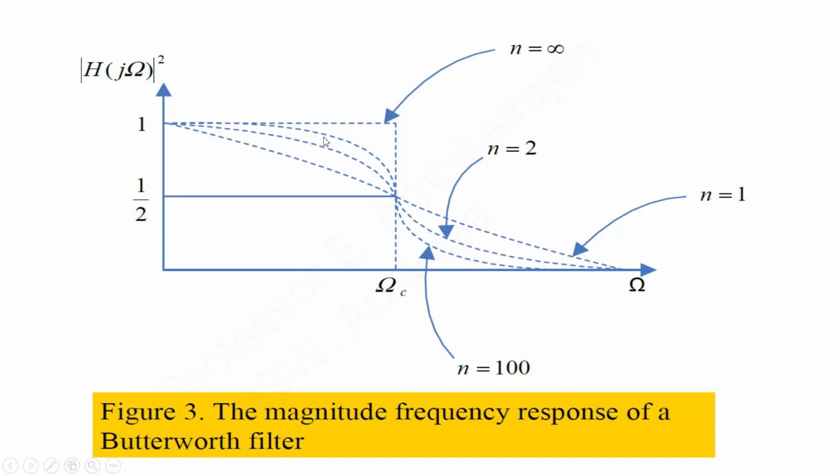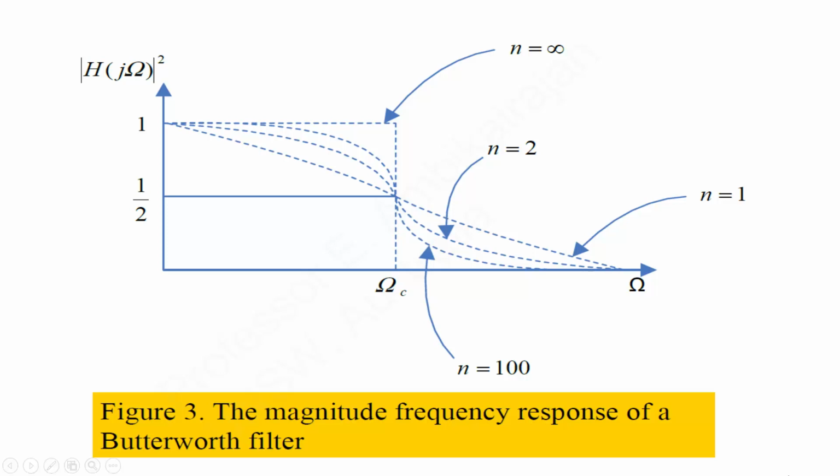The curve is almost behaving well in the pass band, then it is dropping down in the stop band like this, and when n is equal to infinity, it is almost an ideal filter. Now this graph actually explains the dependence of the order of the filter on the response of the filter. If you take a higher order filter, the frequency response will reach as close as possible to the ideal response.